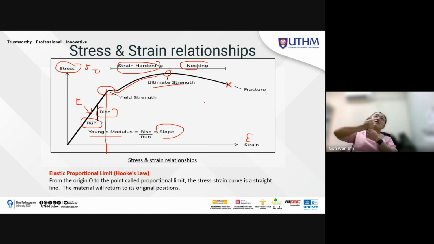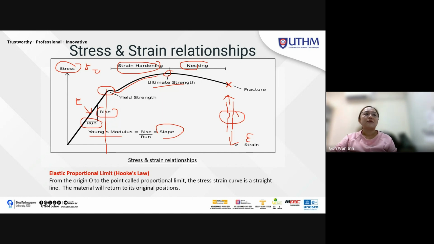Imagine the steel bar, you pull it, so it will have necking. That means the steel bar has some necking like this, and you continue to pull it.